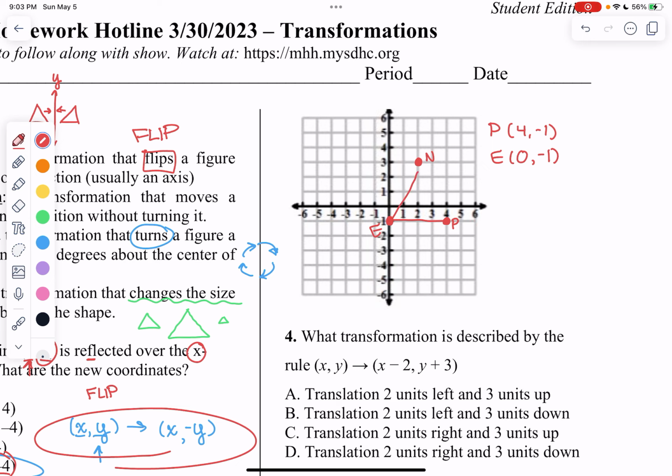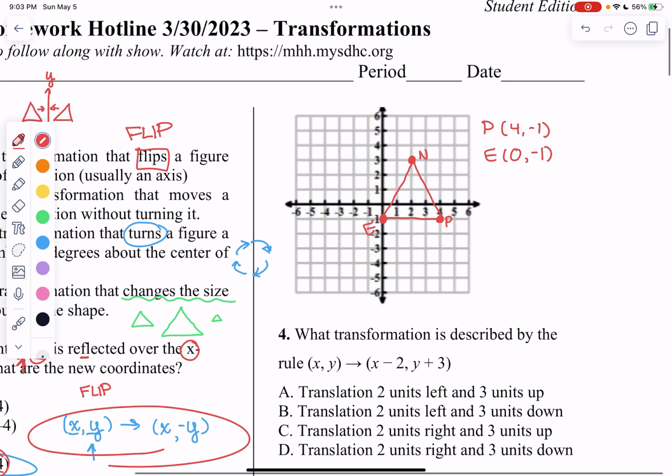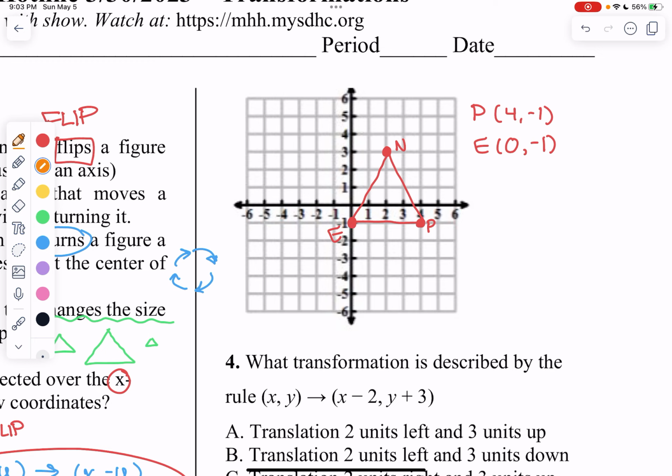And they tell me it's going to move 3 units to the left. Okay, so if the triangle moves 3 units to the left, that means that each point is going to move 3 units to the left. So point N. This is where it's really important that we're super careful about moving our points, okay? Make sure you're super careful that you're jumping 1 unit each time.